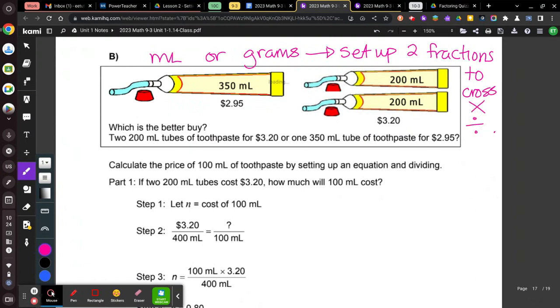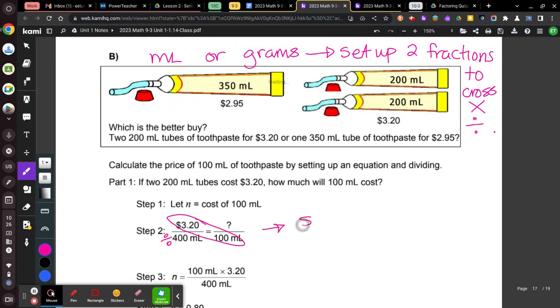So whenever we've got a comparison with milliliters or grams, we're going to set up a comparison. Comparing 2 items with milliliters or grams, we set up 2 fractions and we cross multiply, then divide.